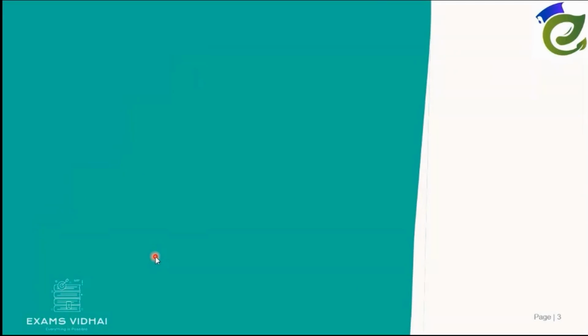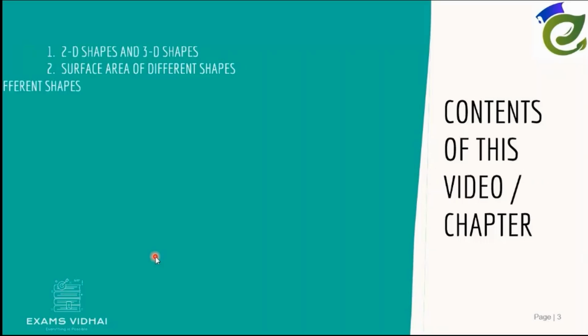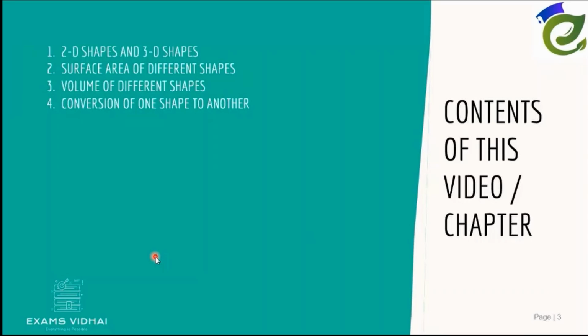So, as we have seen in the previous session, the contents of this chapter or these videos, we have gone through 2D shapes and 3D shapes, surface areas of different shapes, volumes of different shapes, and now today we'll be learning how volume remains the same, or what changes and what does not change when a shape is converted from one form to another.